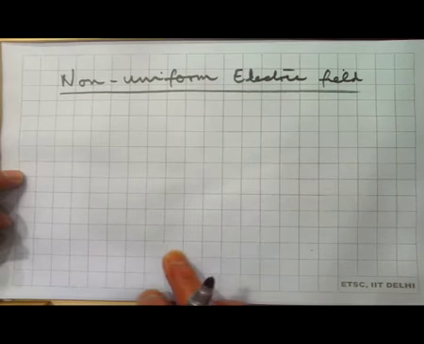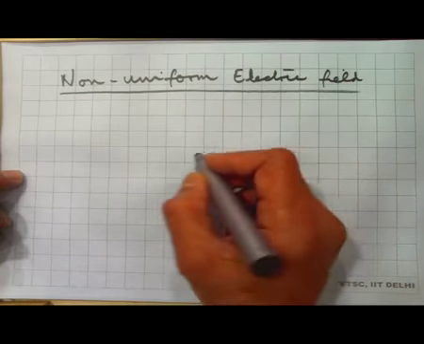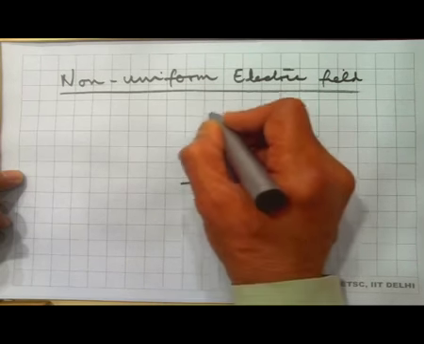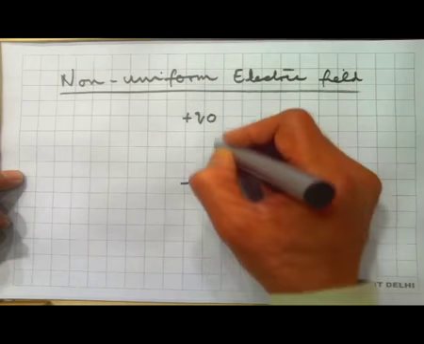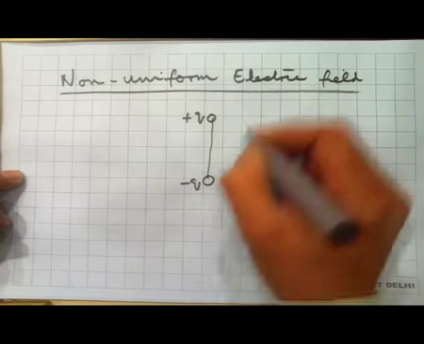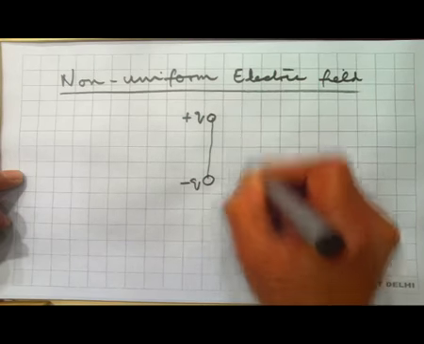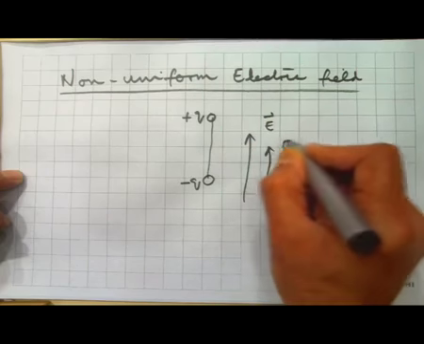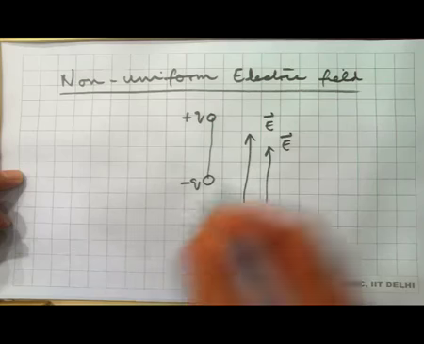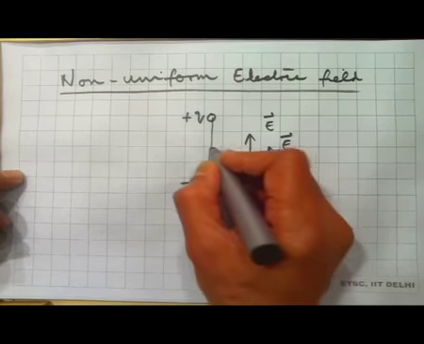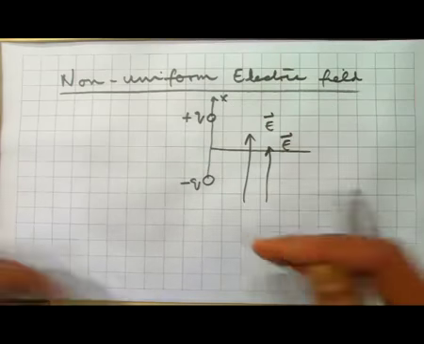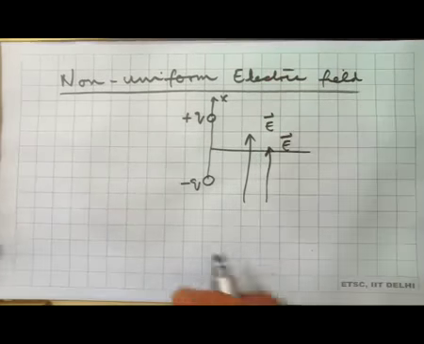Now, I do not want to discuss a general situation, but one particular situation where I will assume that there is a minus q here and there is a plus q here, and this is aligned already. So, this is the electric field. Let me assume that the electric field is not uniform now. The electric field may be increasing with x, if I call this the x direction, or maybe decreasing with it. So, electric field is different at different values of x.